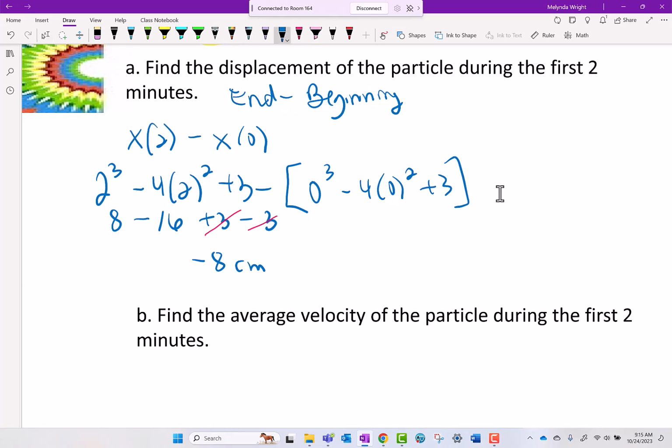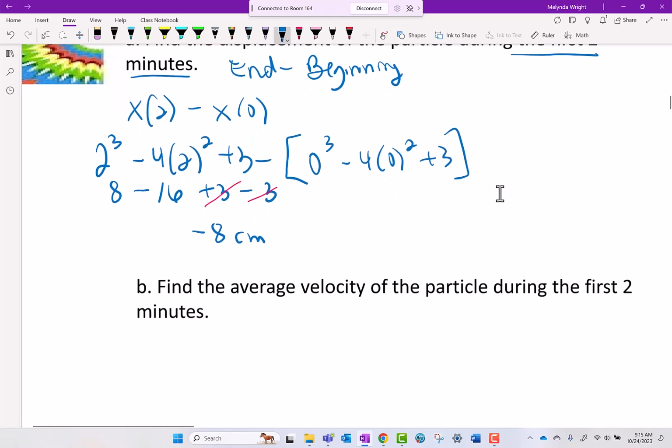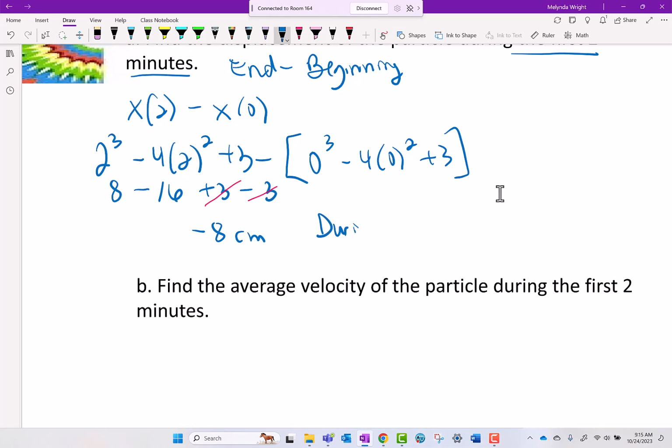That means that during the first 2 minutes, and let's just write it down, during the first 2 minutes, the particle ended 8 centimeters to the left.